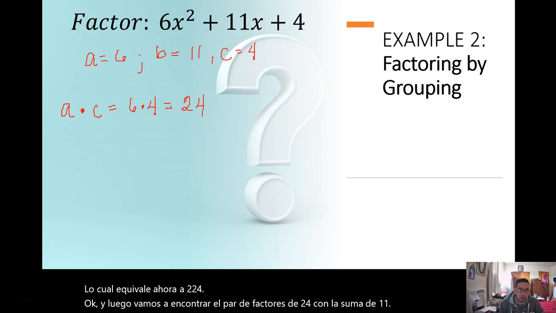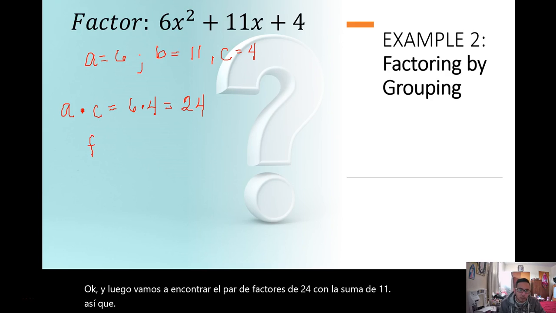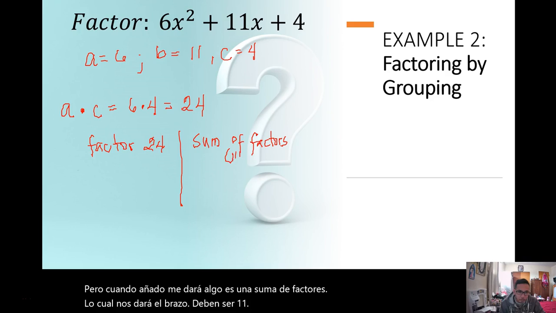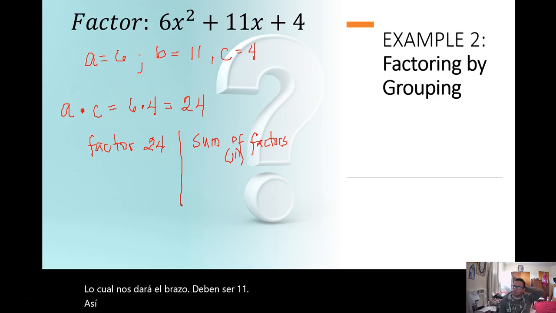Maybe I can use a table here. Factors of 24, but when I add them, the sum of factors must be 11. So I'm so sorry about my handwriting there.